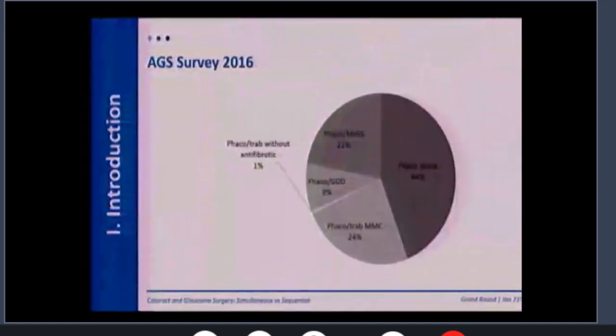And this has led to a variance of opinion amongst glaucoma specialists. This is the AGS survey from 2016 on the preferred approach to simultaneous management of cataract and glaucoma. Some people prefer to do phaco alone. Others do phaco with MIGS, and some prefer phaco with glaucoma drainage devices, and while some do phaco with TRAB.